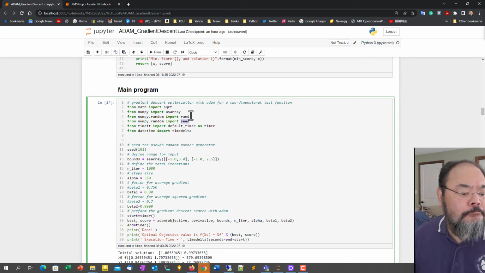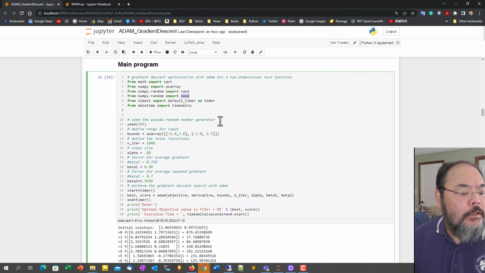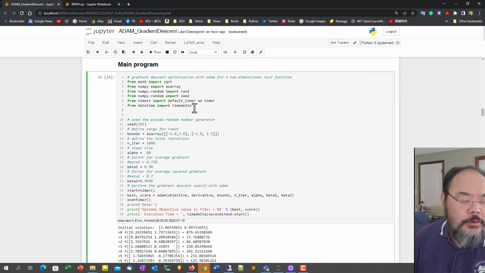Of course, we set a fixed seed of 101, so every time I rerun this program, it will start with exactly the same sequence of random numbers.